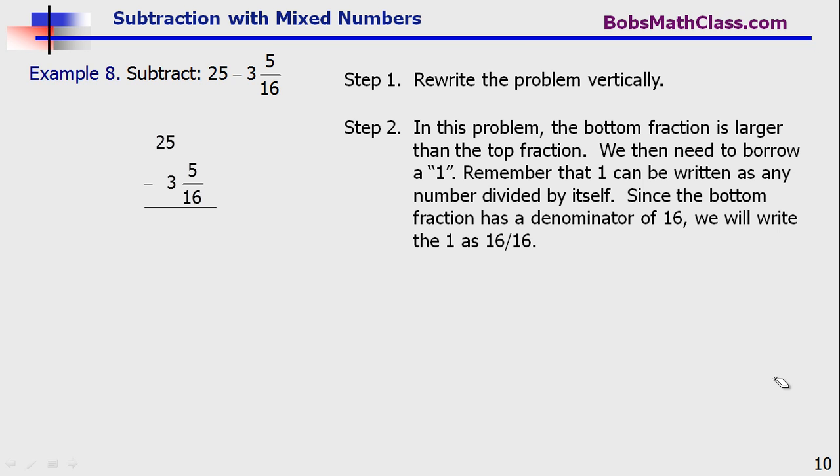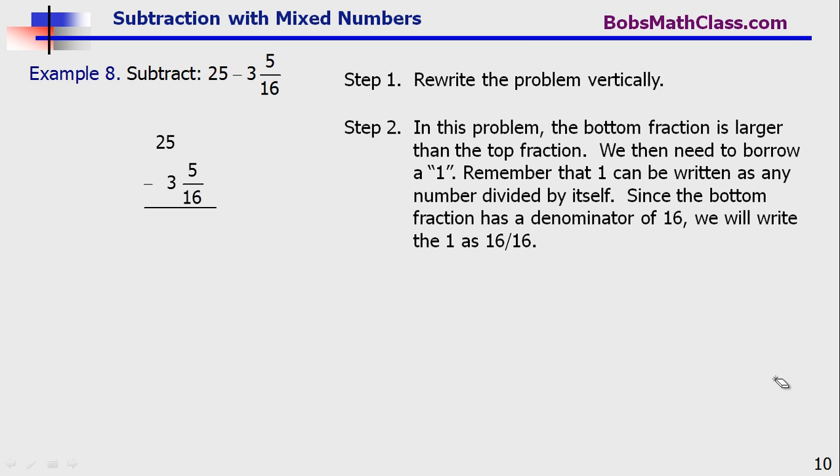Okay, so I don't know if you follow that, but see, our bottom fraction is 5/16. That's larger than the top fraction, which is nothing right now. So we need to borrow. We need to borrow a 1 from the 25. So we're going to borrow a 1, and we're going to put that 1 where the top fraction is supposed to be, or isn't.